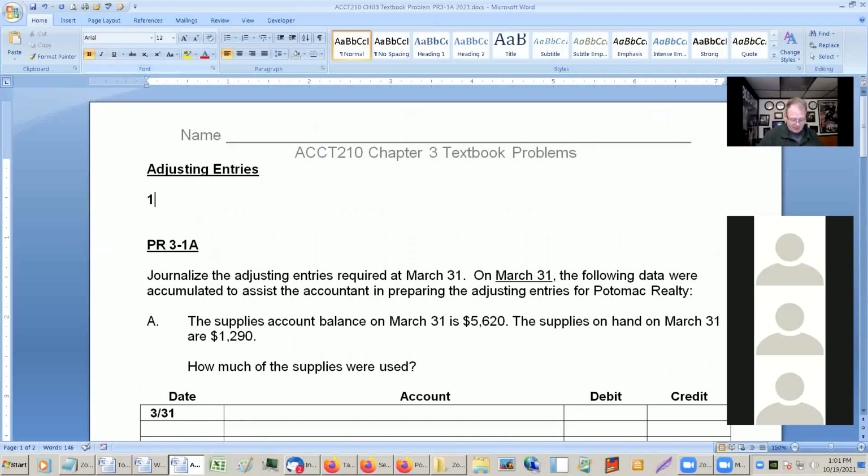First rule, they have to have either a revenue or an expense.